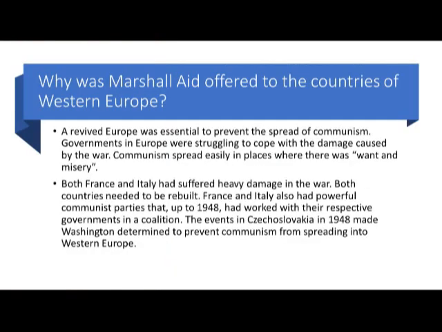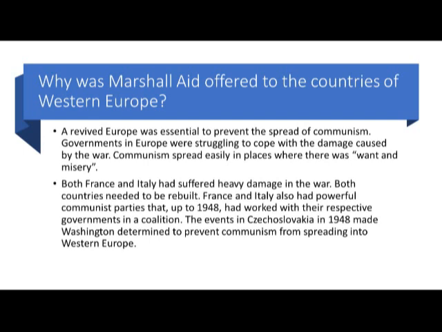So Marshall, Truman, they recognized that these countries ravaged by 6 years of war had to be rebuilt if peace was to flourish, if democracy was to flourish. They recognized that in conditions of want and misery, political extremism, like communism, flourishes.